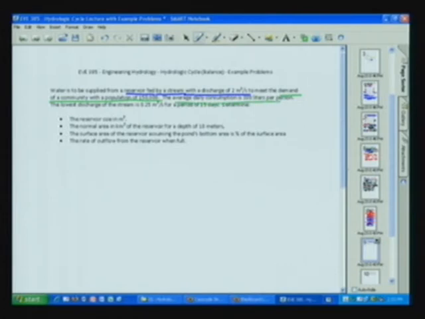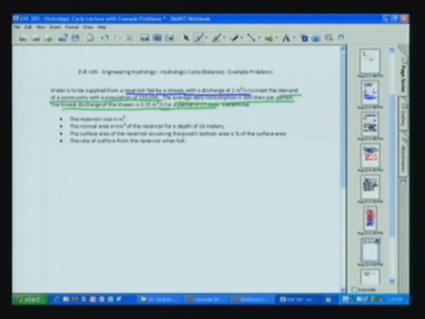They consume 300 liters per person. Lowest discharge of the stream is 0.25 cubic meters per second for a period of 15 days. Okay? So basically we want to make sure that for that time period where we have a low inflow, okay, we have enough storage to meet the supply of the community.